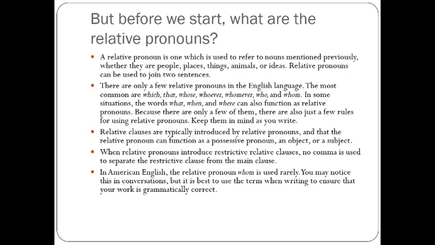When relative pronouns introduce restrictive relative clauses, no comma is used to separate a restrictive clause from the main clause. In American English, the relative pronoun whom is used rarely. You may notice this in conversation, but it is best to use the term when writing to ensure that your work is grammatically correct.